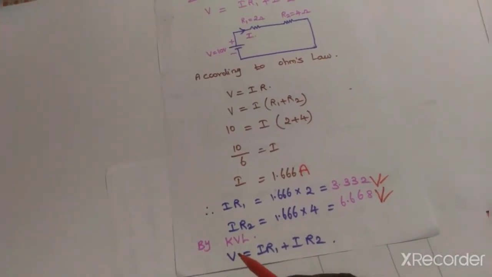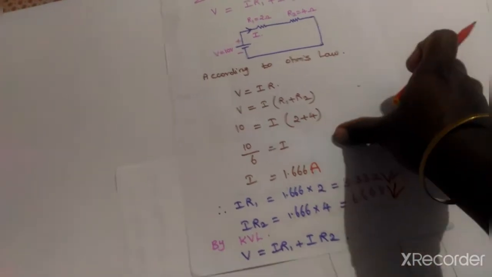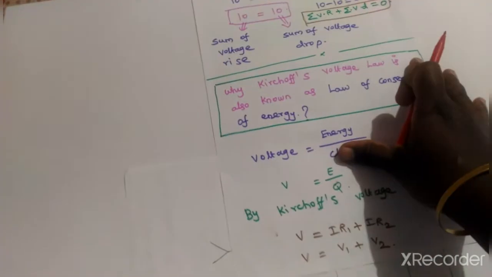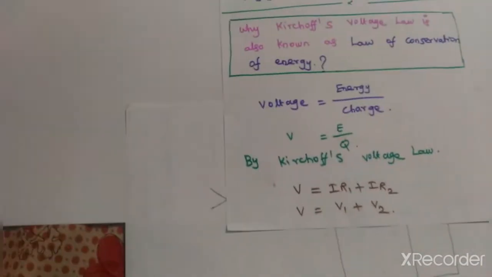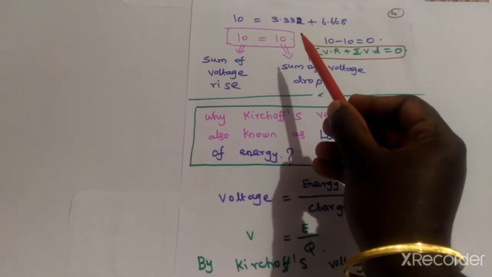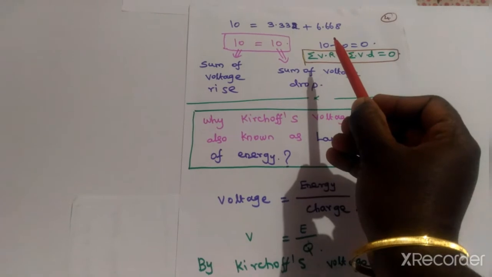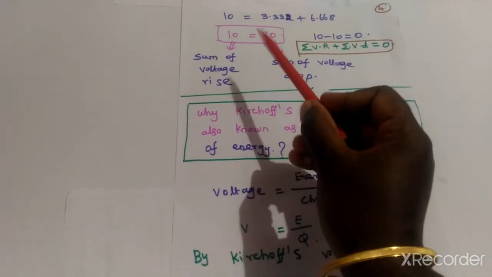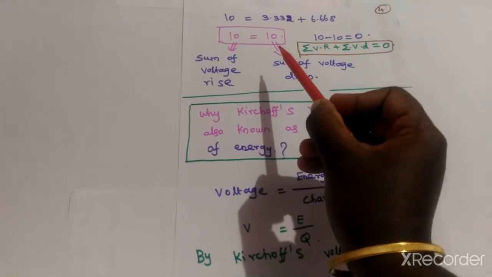Now we know the KVL: applied voltage is equal to summation of drops across the resistances, so the value 10 is equal to the drop across the first resistance 3.332 plus the drop across the second resistance 6.668, so that 10 is equal to 10. That is, summation of applied voltage is equal to summation of voltage drop.